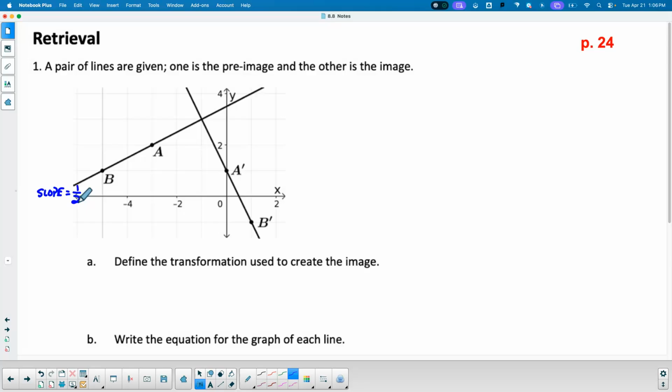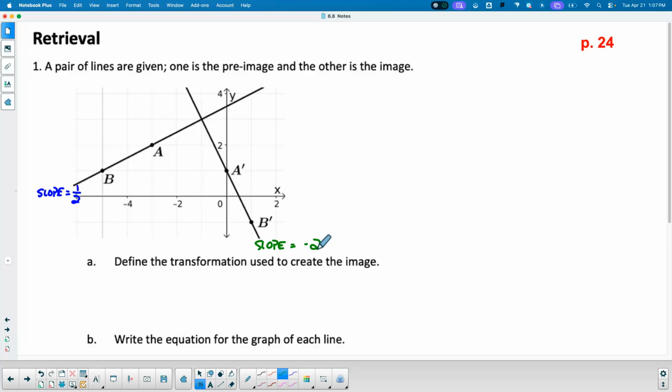It appears to me that the slope of A prime, B prime is -2. To go from A prime to B prime, we went down 2 and right 1. Yes? Okay. What can you tell me about those two lines? Why, Grace? She gave you the word why.